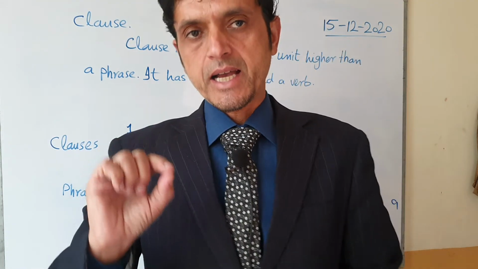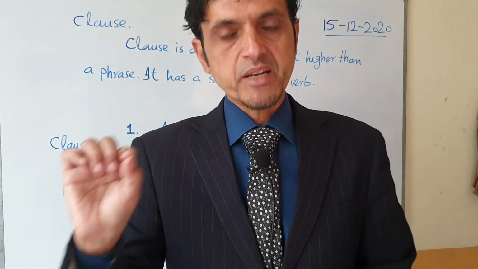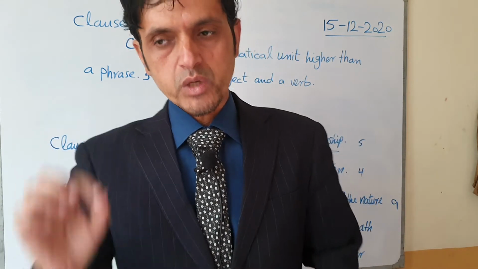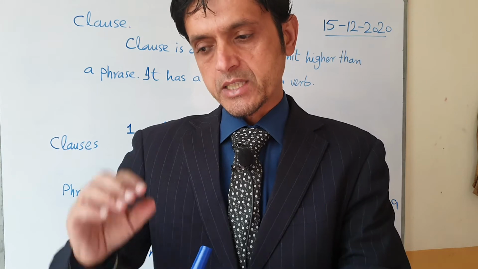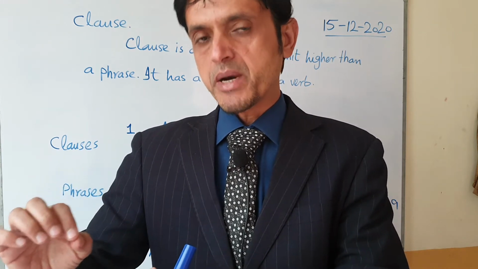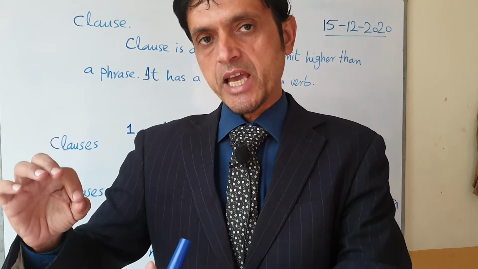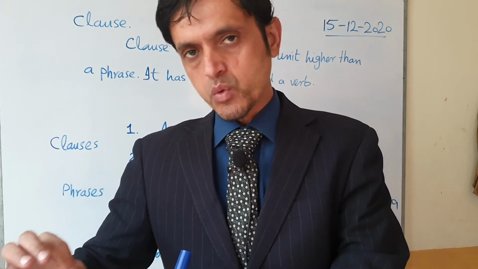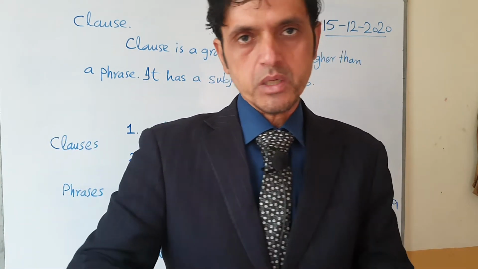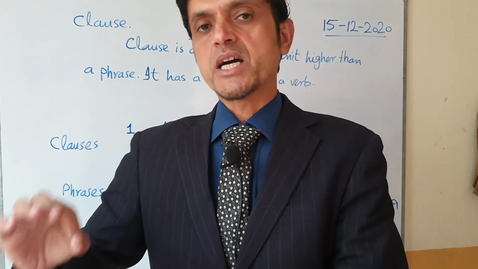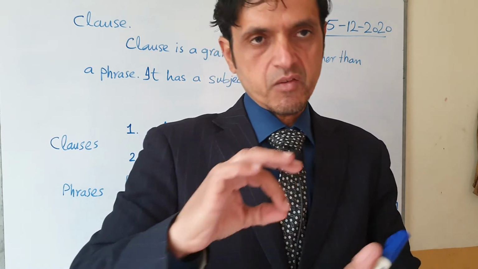But if we say a car, this is a simple phrase because it is made up of more than one word. When we find a structure which has more than one word, whether it has 2 words, 3 words, or more than 3 words, that would be a phrase if it does not have a subject and a verb.